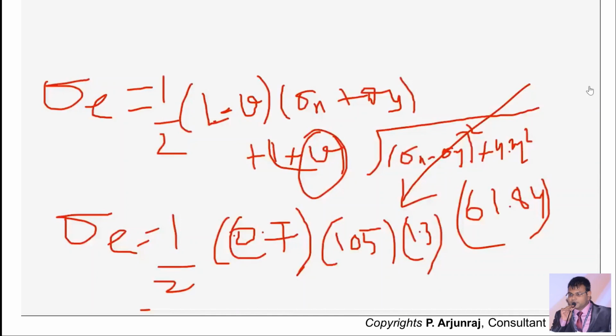I'm not getting the value. Just a second. 105 into 1.3.